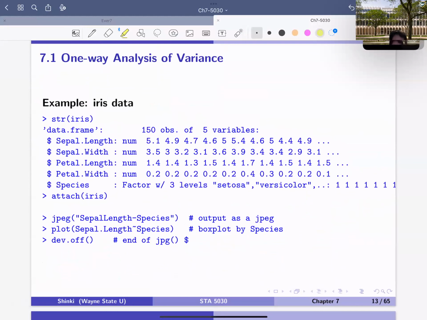And this is one example using iris data. In the iris data, we have 150 observations, 50 observations each for 3 different species: Setosa, versicolor, and virginica. So 3 groups.